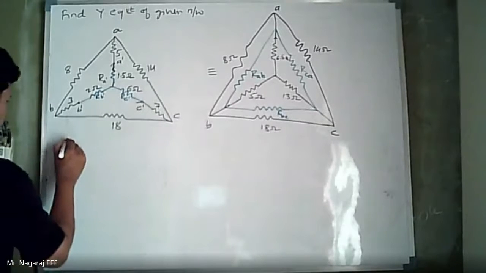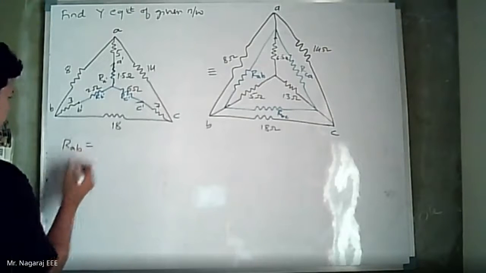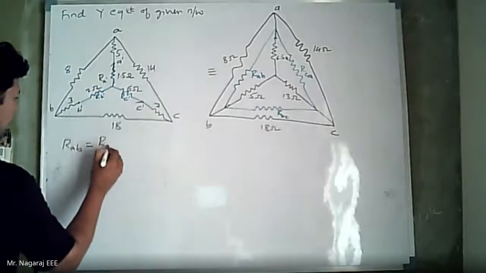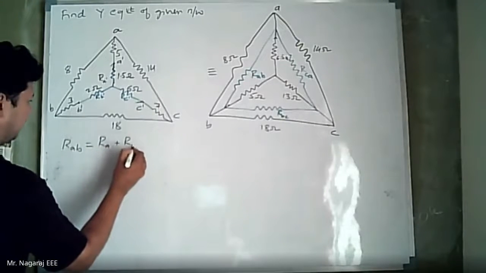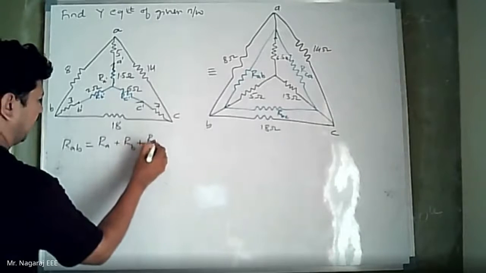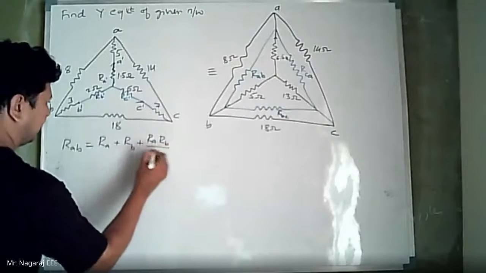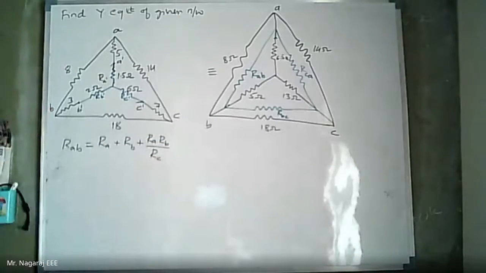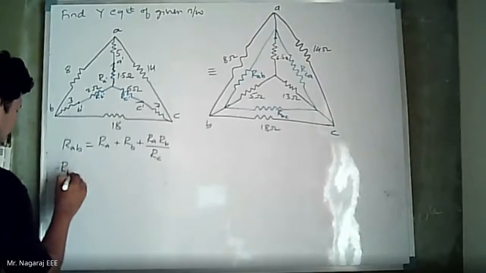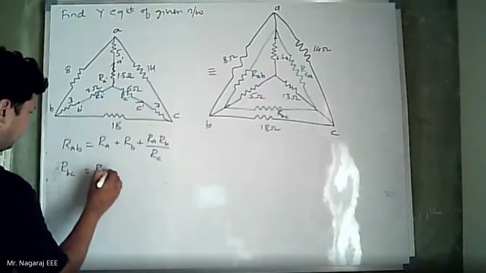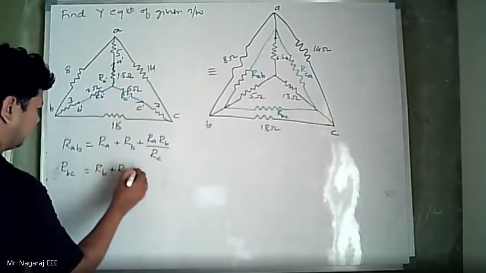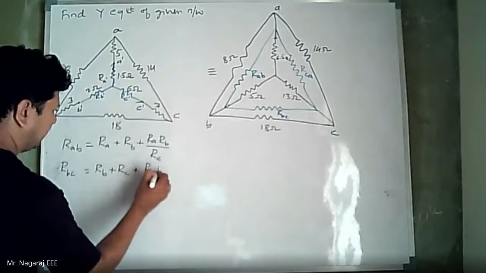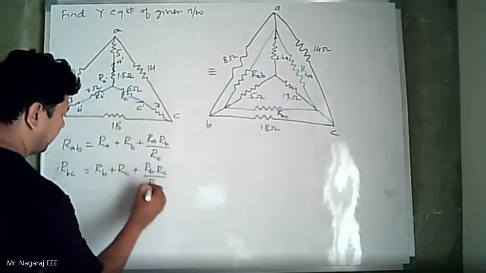RAB is equal to RA plus RB plus RA into RB divided by RC. This is as per the formula. Similarly, RBC is equal to, you can refer the formula, RB plus RC plus RB into RC divided by RA.